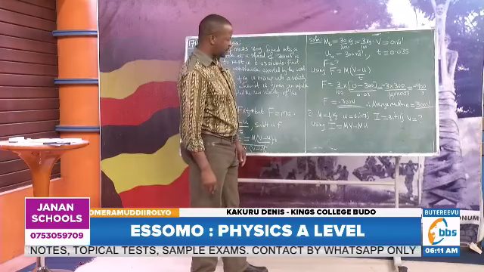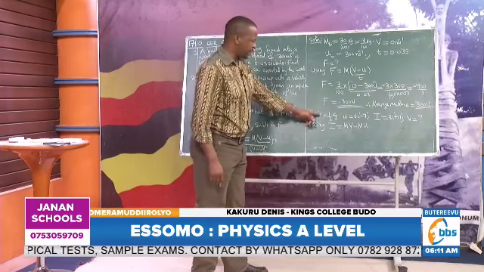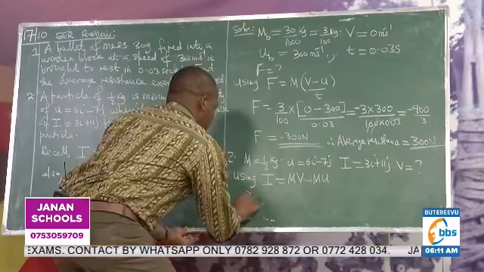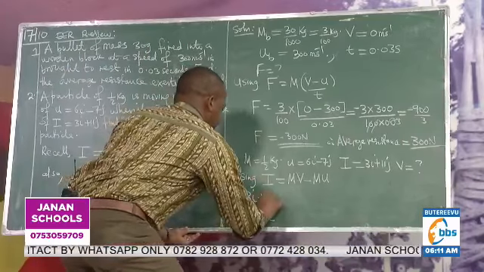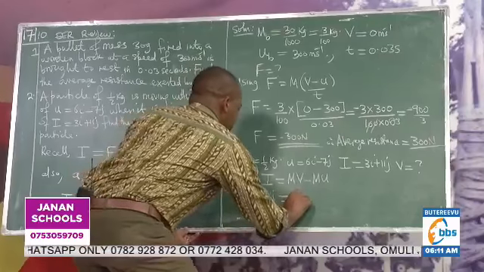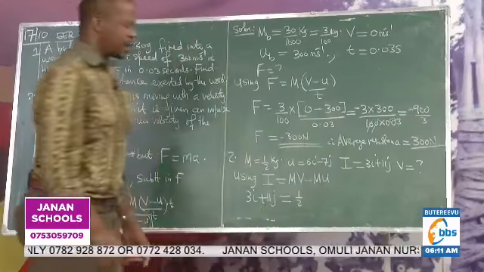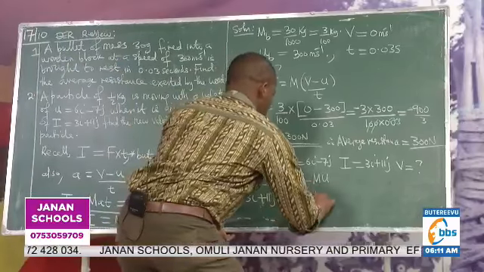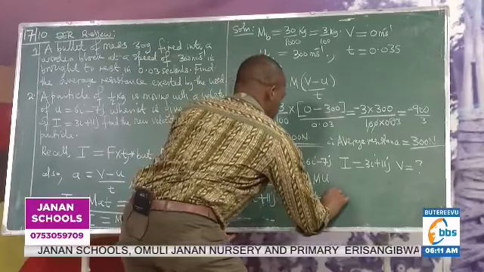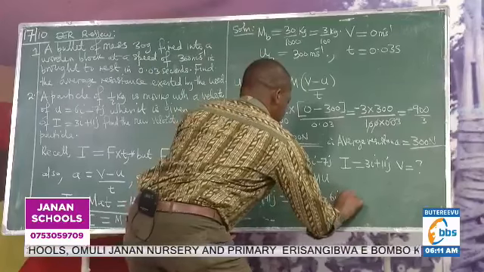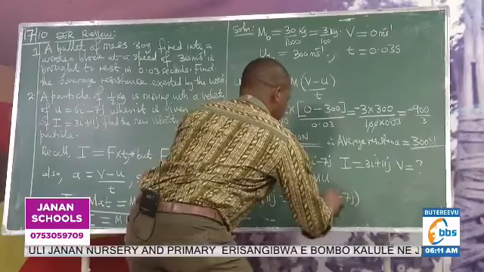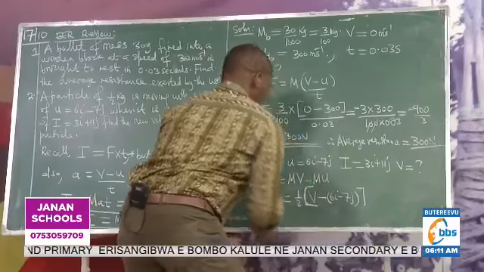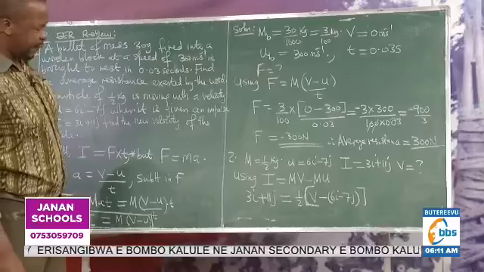Now that we want V, and we have the mass, the initial velocity and the impulse, we can say that our impulse, which is 3I plus 11J, should be equal to 1/2, the mass, factored out, into V, which we want, minus U. The U is 6I minus 7J. Here, we need to put that bracket there, otherwise the computation will not be right.